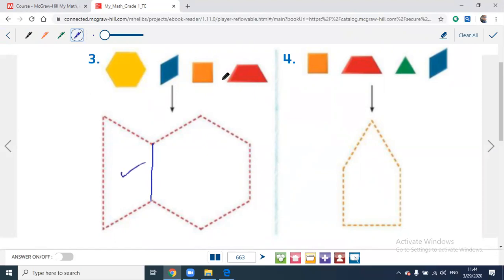And the second shape, the first one is called the hexagon. So I can use these two shapes to have this large shape. You understand this one, number 3?